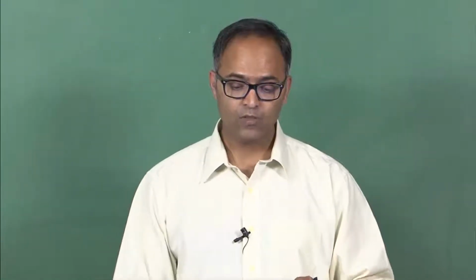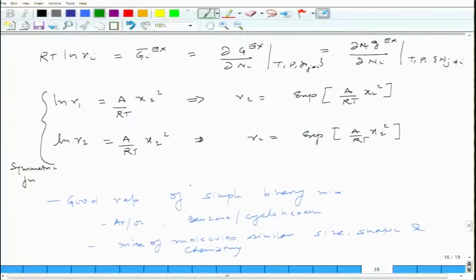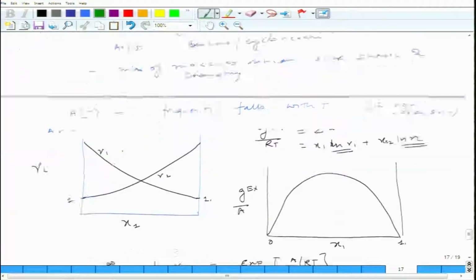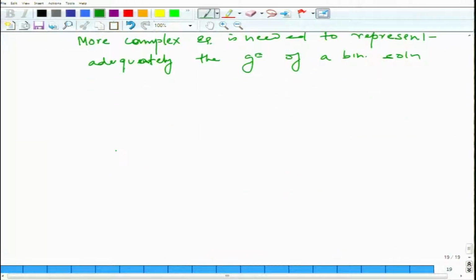Remember that for the one-constant Margules equation, you have only one constant term, and you are trying to characterize all kinds of relations with size, chemistry and shape with just one constant. So what is a generic equation we can come up with? Many equations have been developed, and I can summarize them in a flow chart.